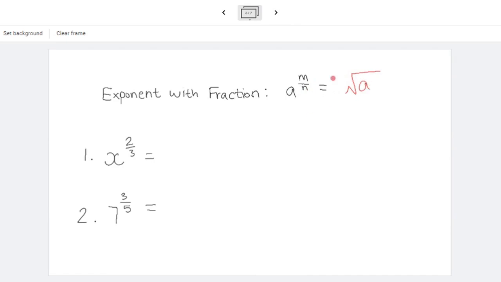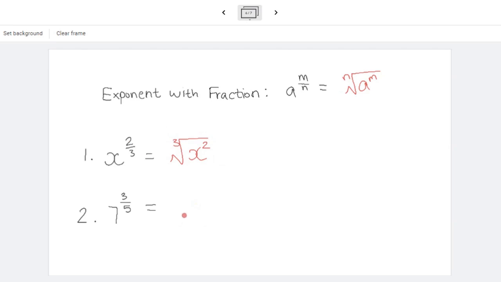Now put the top of the fraction inside the square root as the exponent of the base, so you're going to do m here, and the bottom of the fraction out here as the root. Just put the square root symbol, write your base in, write the top here, and then the bottom out here. So top would be inside, bottom outside, and this is your answer, okay?